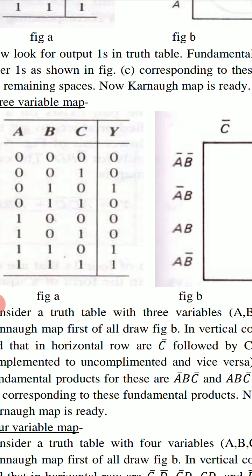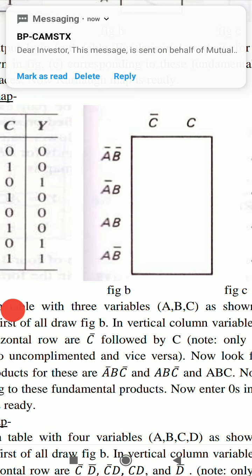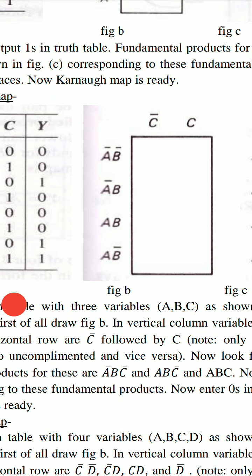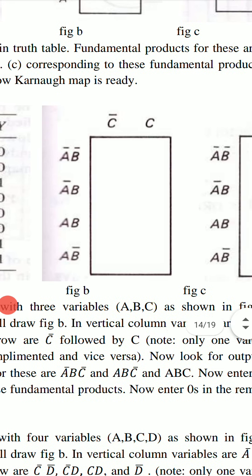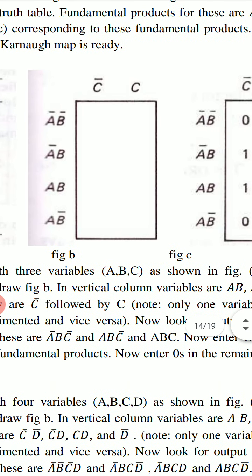So corresponding to this fundamental product, we choose the row of A bar B and the column of C bar and put 1 there. Similarly, we put the other two ones corresponding to the other two fundamental products, and in the remaining places we put 0. In this way, a three variable Karnaugh map is prepared.